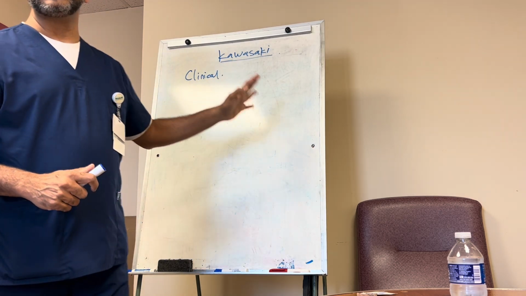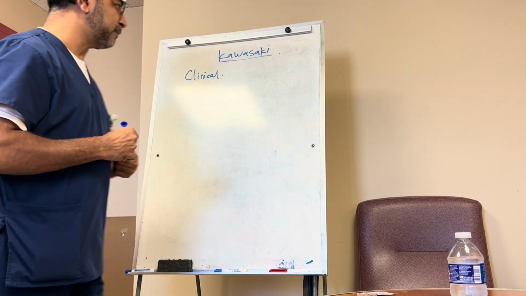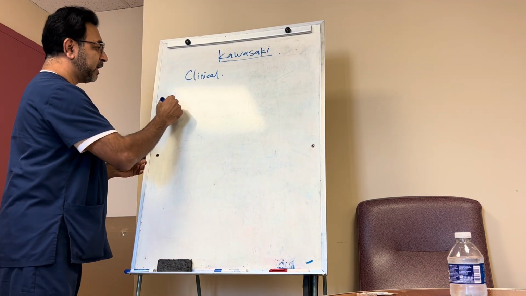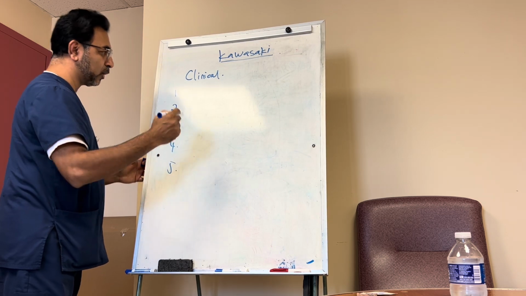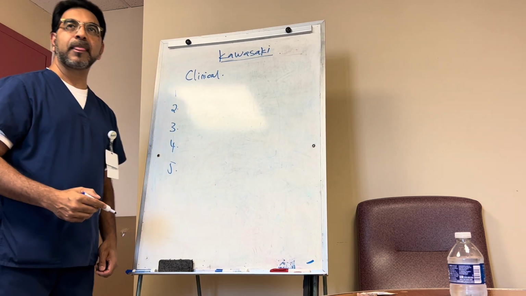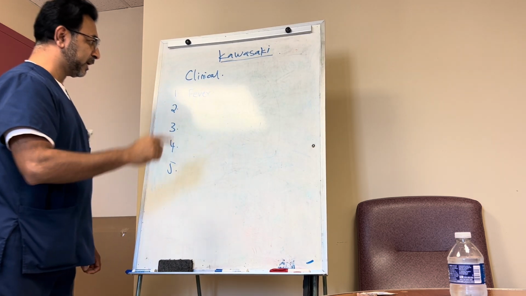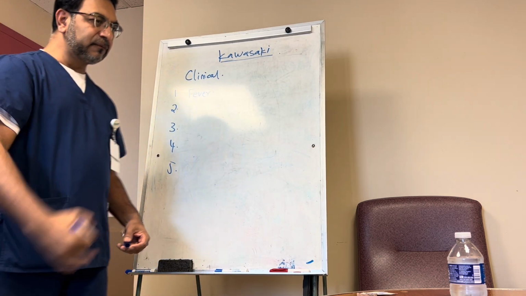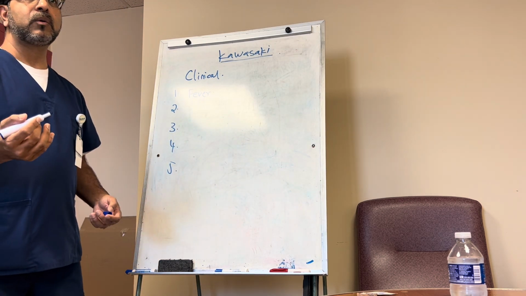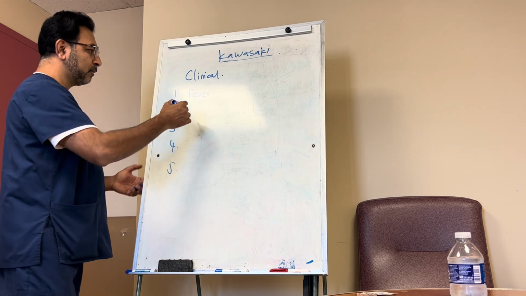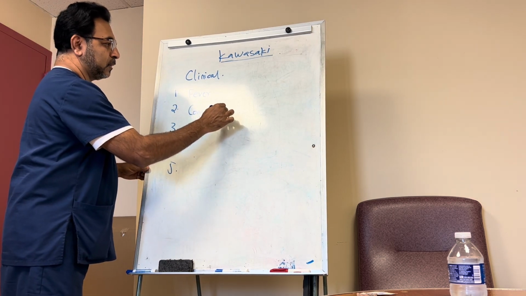So having said that, what are the clinical criteria to make the diagnosis of Kawasaki? There are mainly 5. What's the first criteria? Fever for more than 5 days. We'll cover each in a minute, but let's first cover all the clinical criteria. Mucosal involvement, like conjunctivitis or mucositis.